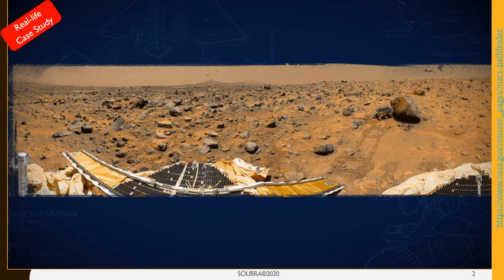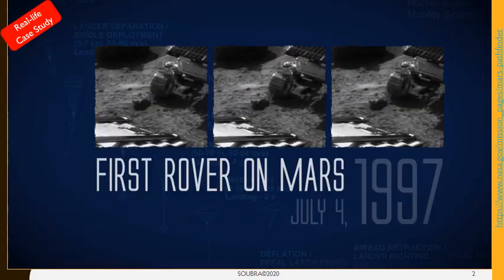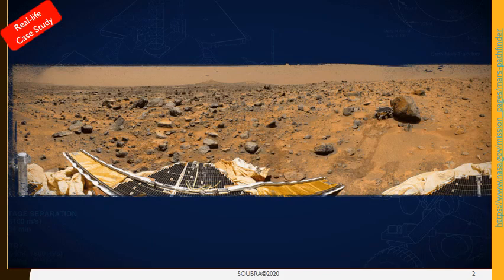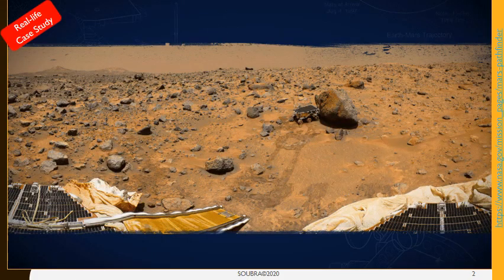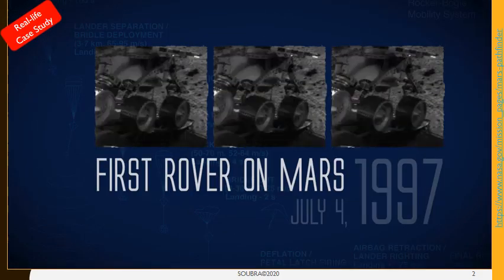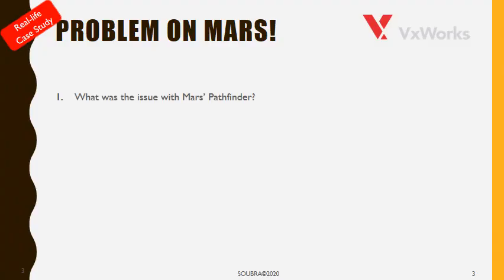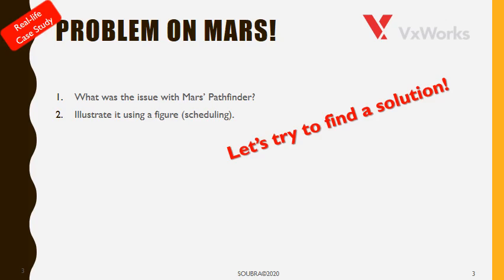Right, so last time we ended on a note and we spoke a little bit about the Pathfinder and the problem that happened over there. It was caused by the use of semaphores, and we called the problem the priority inversion problem. We tried to understand why this problem happened, and we were thinking of a solution for that particular problem.